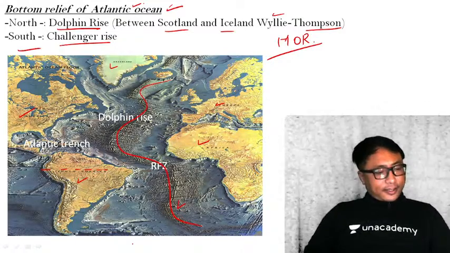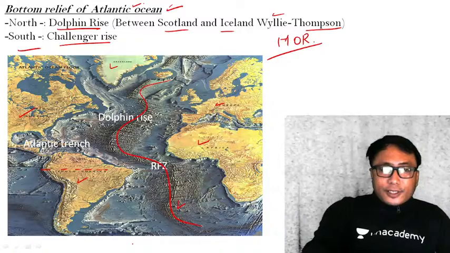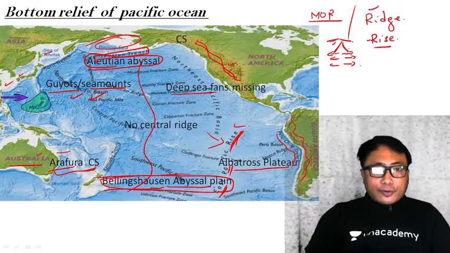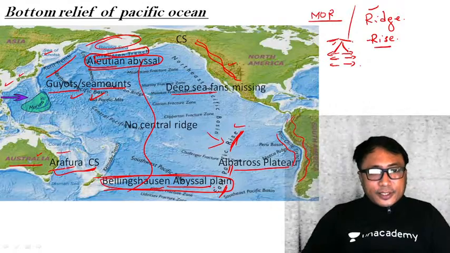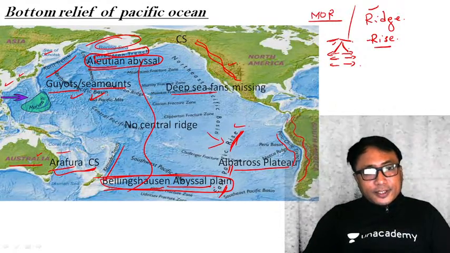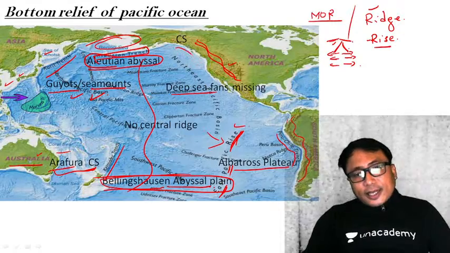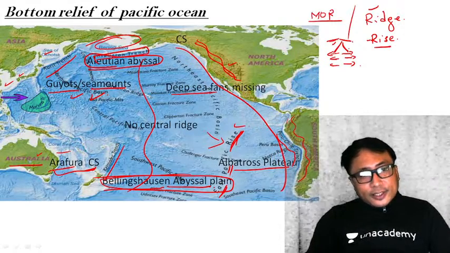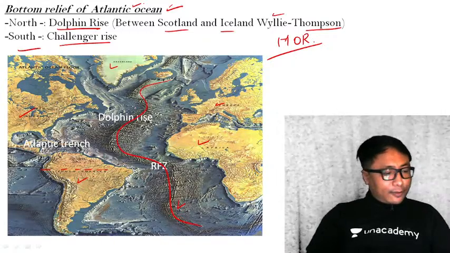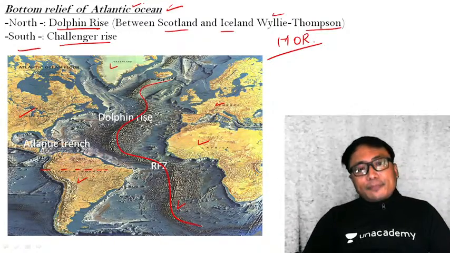Now, if you go to the Pacific Ocean, you will find trenches. You see here, the Kuril Trench, the Kermadec Trench. On the eastern side also you will find trenches, and on the western side also. But when you come to the Atlantic Ocean, the trenches are absent.